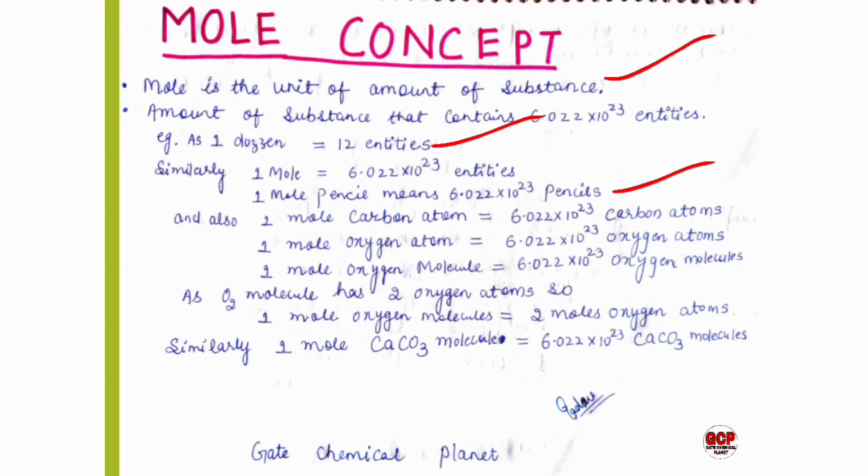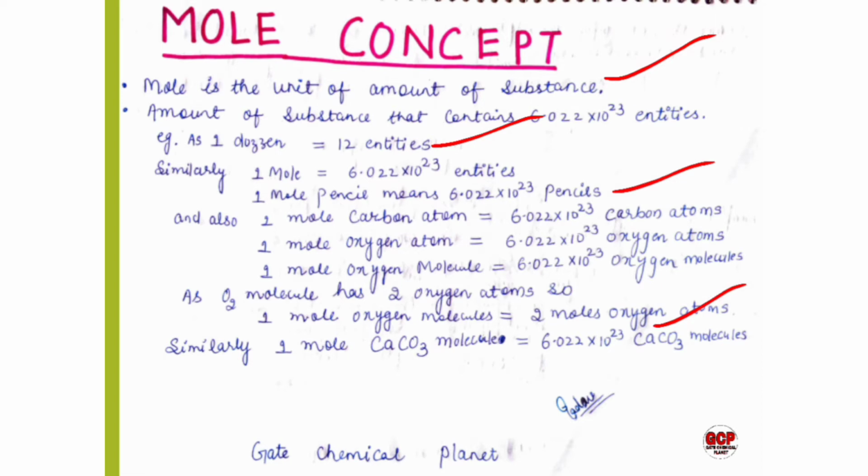And 1 mole oxygen atom equals 6.022 × 10^23 oxygen atoms. 1 mole oxygen molecule equals 6.022 × 10^23 oxygen molecules. Also, an oxygen molecule has 2 oxygen atoms. So, we can write for 1 mole oxygen molecules, 2 moles oxygen atoms.